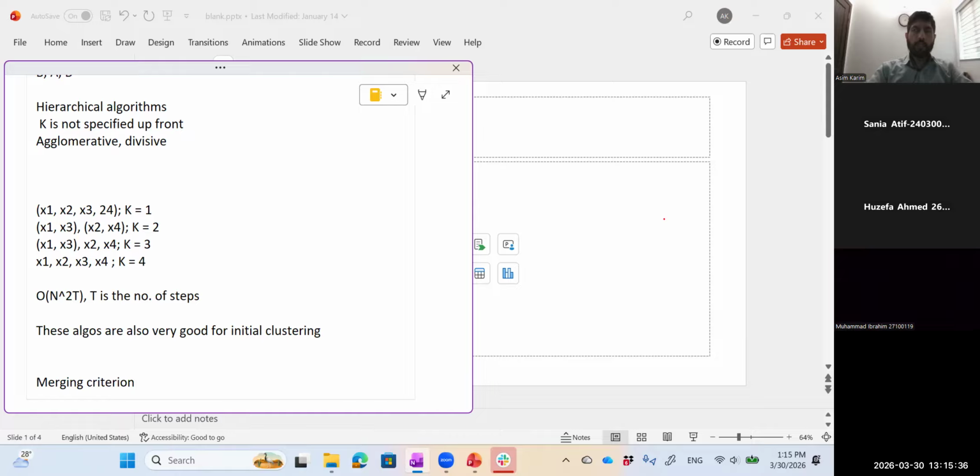Of course, एक stopping criterion भी है, जो आपका question था पहले। Stopping criteria of course validation से ही decide होगा, either by human judgment or by some automatic validation, कि आपने कहाँ रुकना है। ठीक है। So merging criterion is the important aspect here. So we need to have a way of deciding which two clusters to merge at every step.